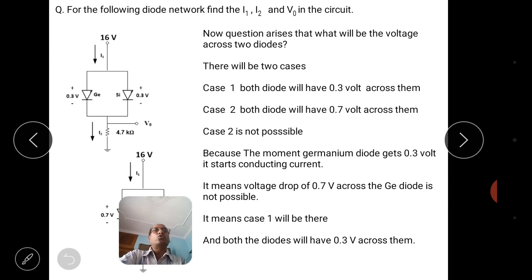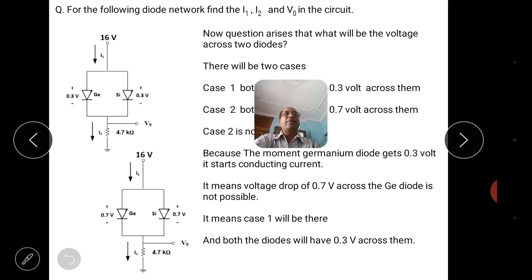But clearly case 2 is not possible, because the moment the germanium diode gets 0.3 volt, it starts conducting current. It means a voltage drop of 0.7 volt across the germanium diode is not possible. It means case 1 will be there, and both the diodes will have 0.3 volt across them.